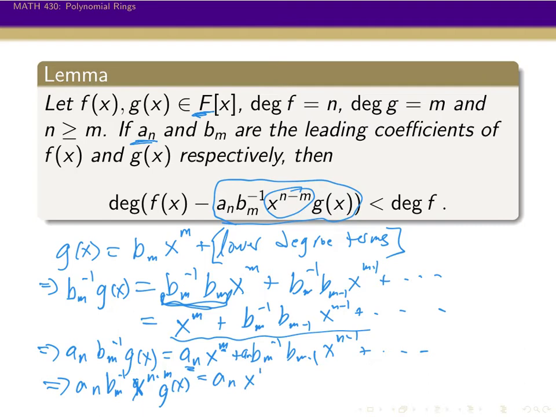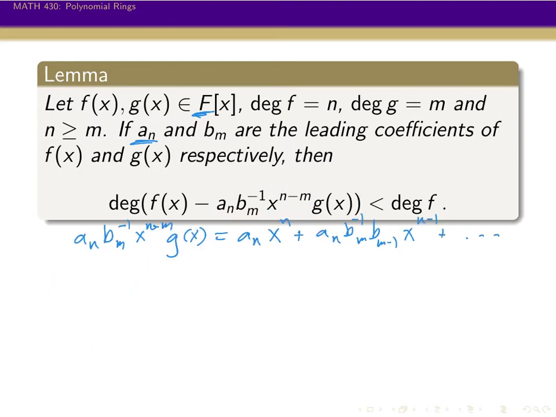It's going to be x to the m plus n minus m plus these lower terms. You can see these m's cancel off here, and so now we have a polynomial whose degree is n with the same leading coefficient as f of x.